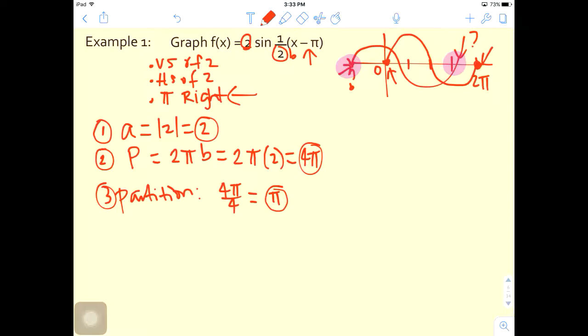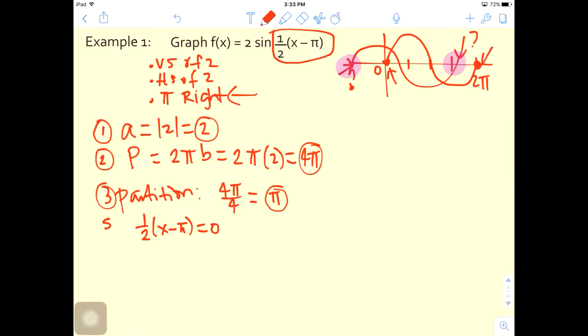So for this part, we're going to set everything that we see in the equation equal to 0 and 2 pi. So everything after the word sine, we're going to set that. So this will be kind of like, right after partition, we'll do that. So we're going to set that 1/2 times x minus pi equal to 0 because we want to know where does it start.